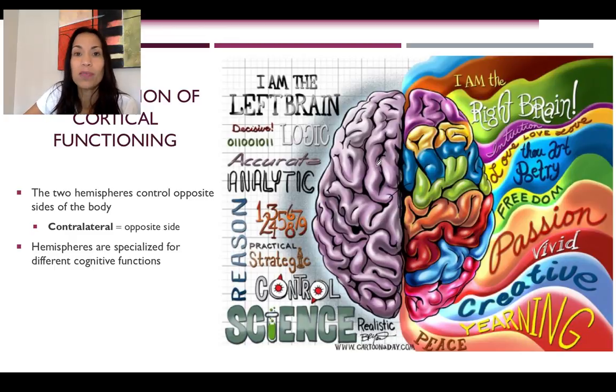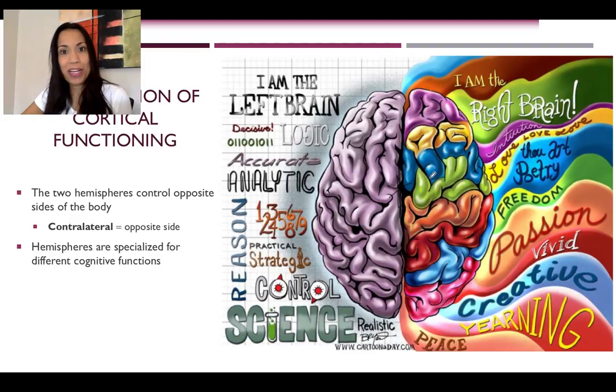Now, the thing is that as the sensory and the motor information is sent and received in different sides of your cerebrum, we can say the same thing about higher cognitive functions. Have you heard that we have a right and a left brain? Well, it's just one brain, two cerebral hemispheres, but the functions happening in one side of the brain are completely different from the ones happening in the other side.